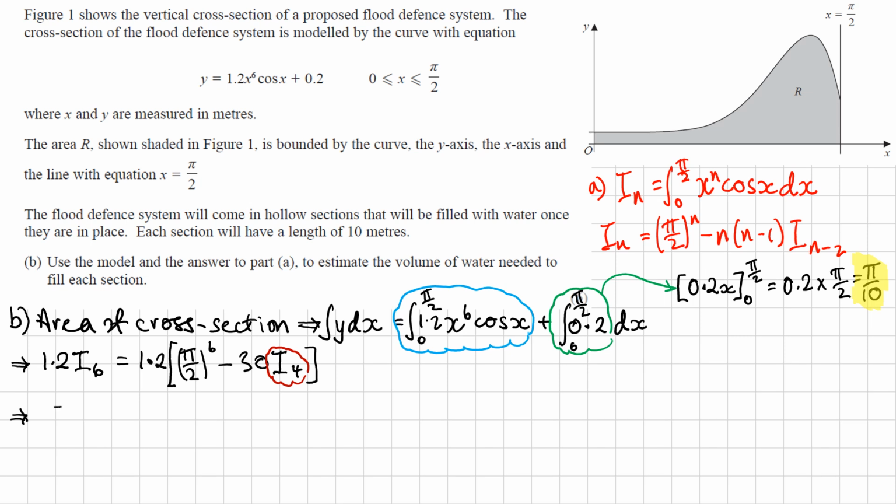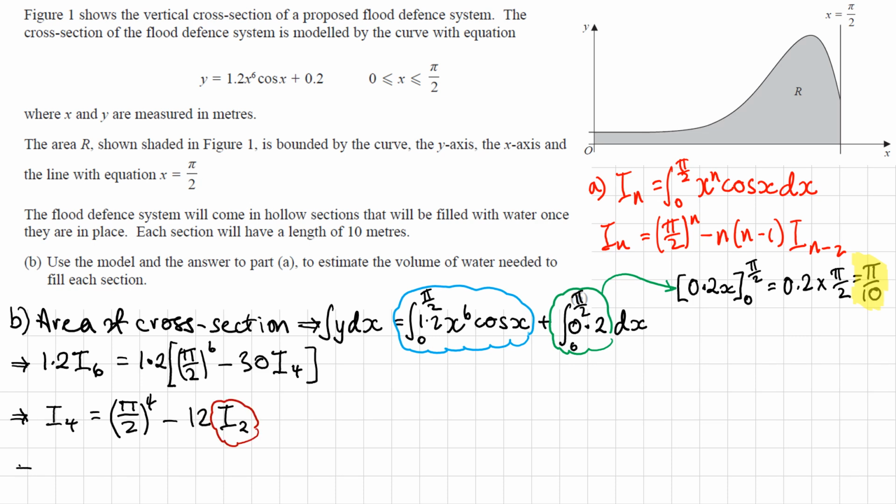So I sub 4, again, we're just using the formula again. So this will be pi over 2 to the power 4 minus 4 times 3, which is 12, I sub 2. And then we'll move on to work out I sub 2.